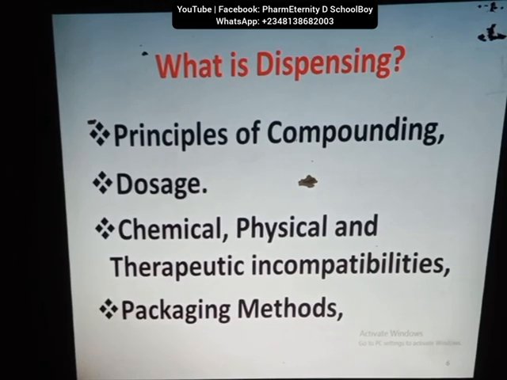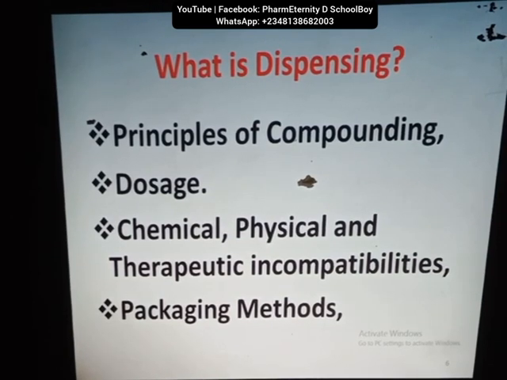Then packaging methods. If you don't know anything about packaging, how will you be able to dispense, starting from the manufacturing level? If you use the wrong packaging material, the wrong container, or the wrong closure for a particular product, there will be trouble.